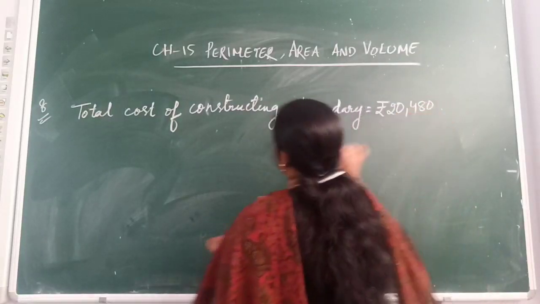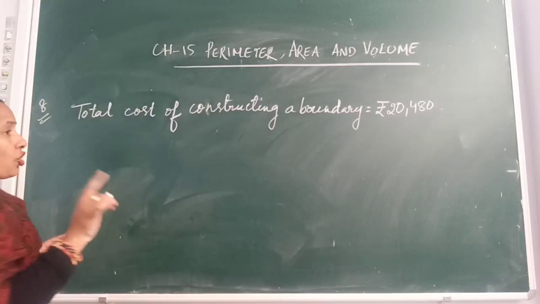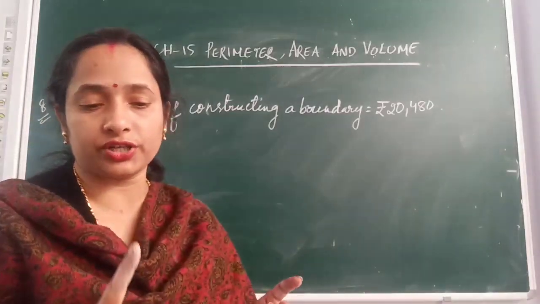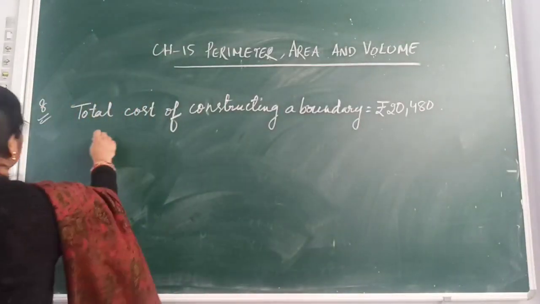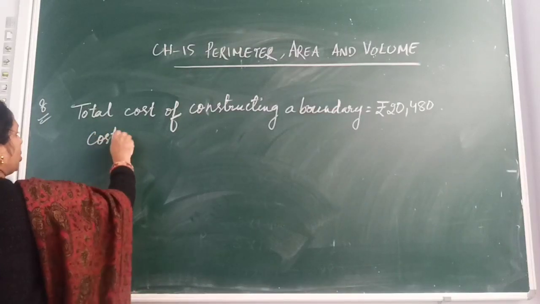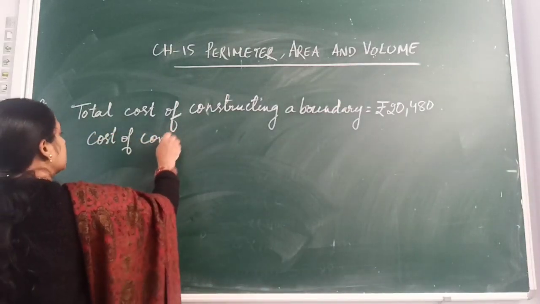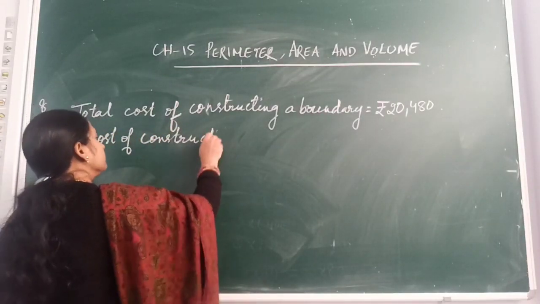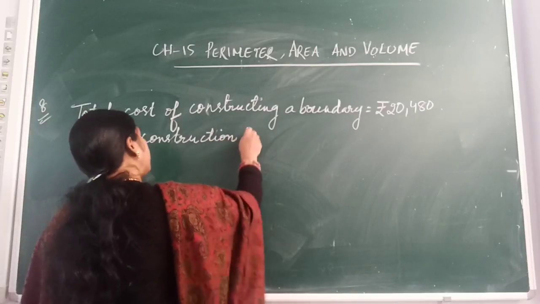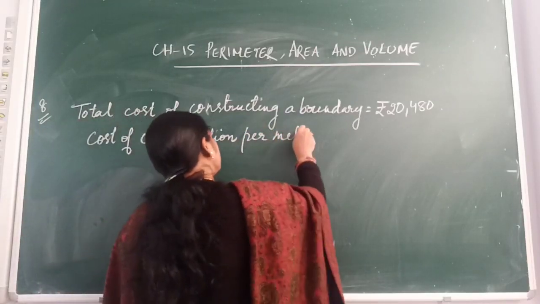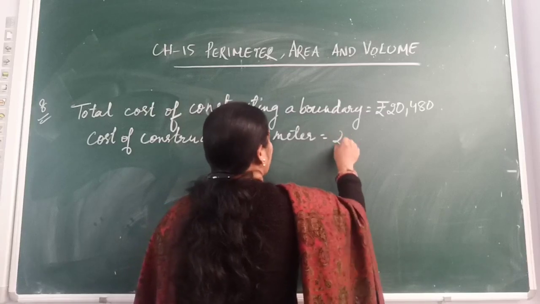And what else is given to you? Cost of construction per meter is given to you: rupees 40.